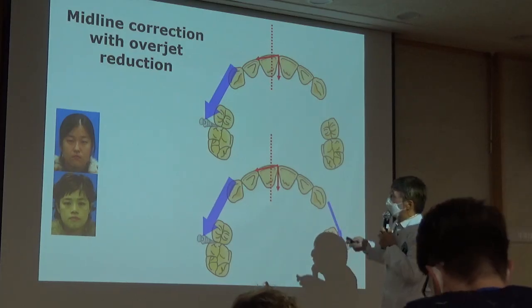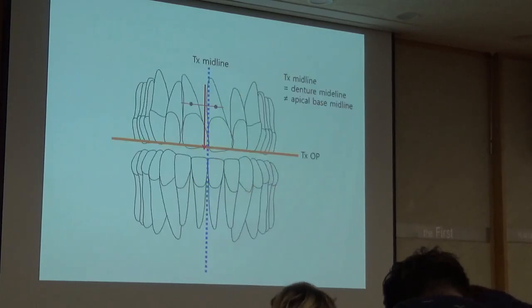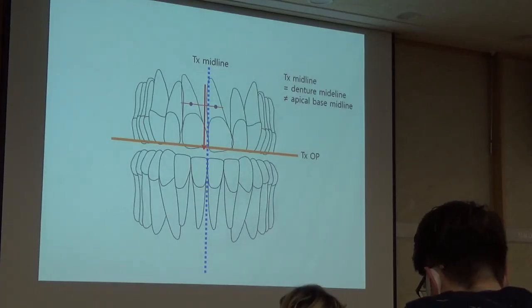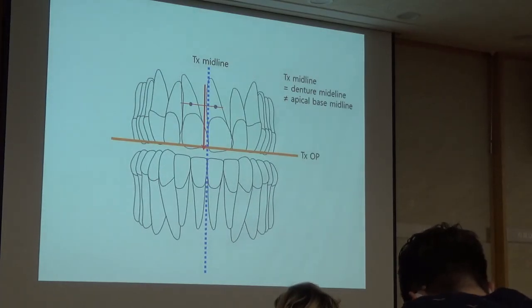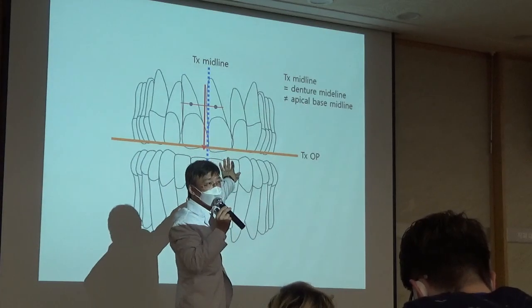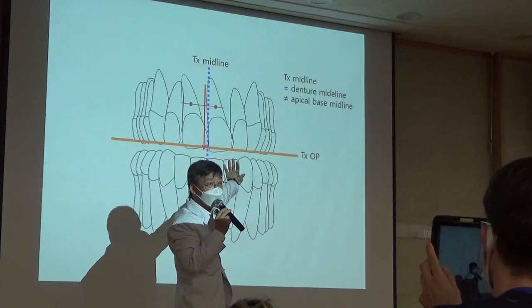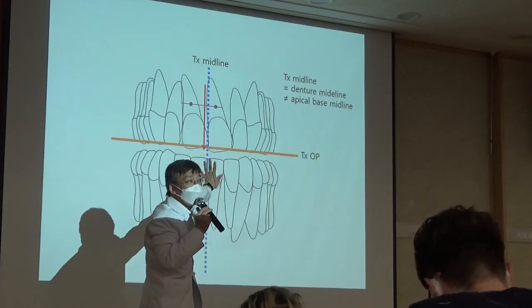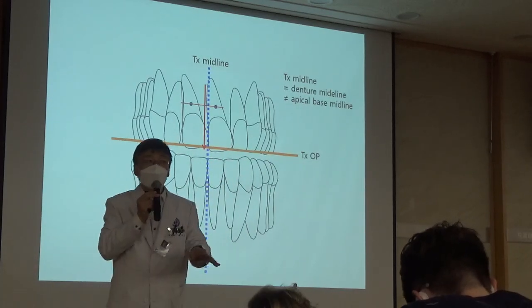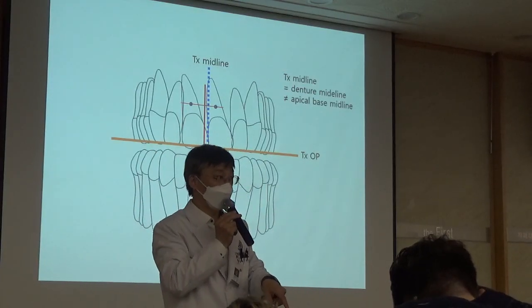This can be possible using multiple miniscrews in a single arch. This is the core idea, and you'll understand by now this kind of midline deviation is a terrible case. Do you understand? I will use the same rule for the molar correction tomorrow and the day after tomorrow. Exactly the same way. Okay?